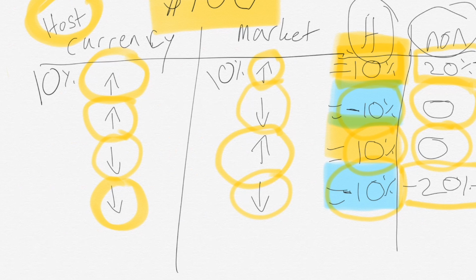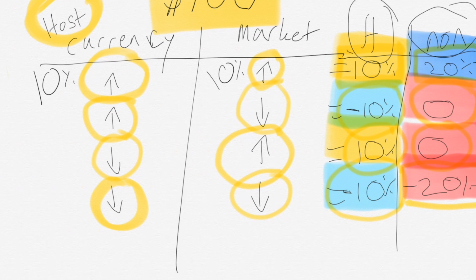Meanwhile, if you're in a non-hedged, you have a greater chance of either not gaining anything or losing 20+%. You only have a smaller chance of having a greater positive.